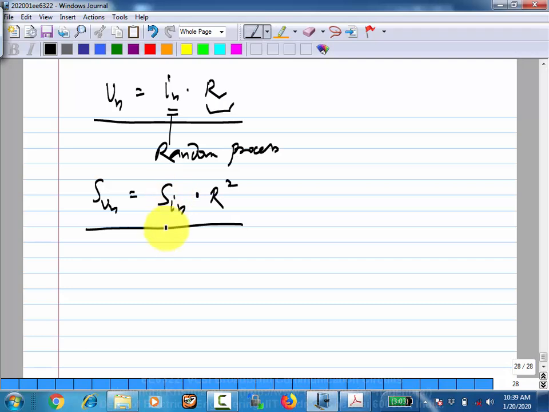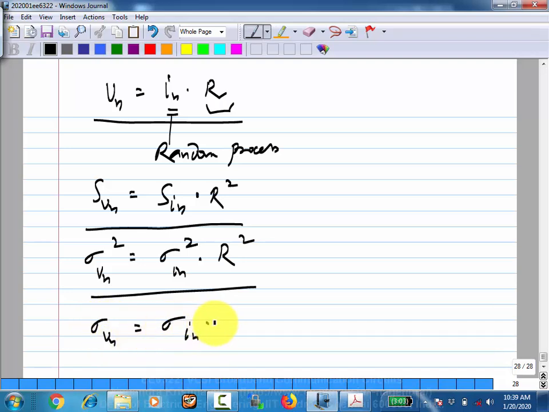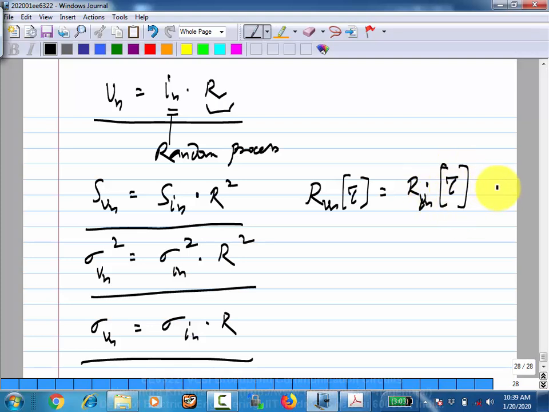Similarly, the variance of Vn would be the variance of In times R square, or the standard deviation of Vn would simply be the standard deviation of In times R. The autocorrelation of Vn would be the autocorrelation of In times, again, R squared.